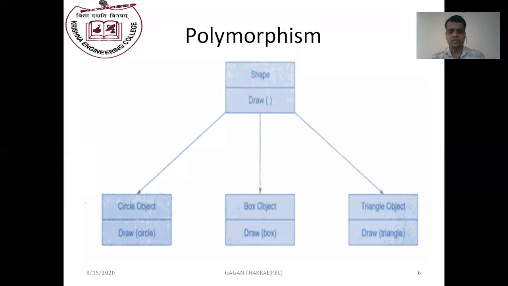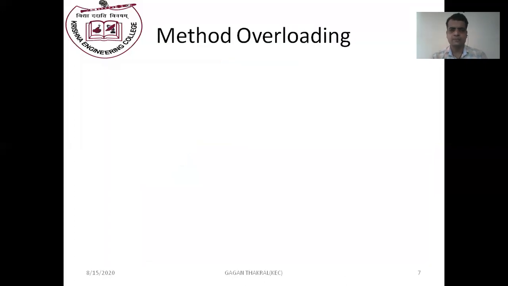So the function name is the same, draw, but it behaves differently in different situations. Sometimes it draws a circle, sometimes a box, and sometimes a triangle. So the draw function has more than one form and behaves differently according to the arguments. This is known as polymorphism.